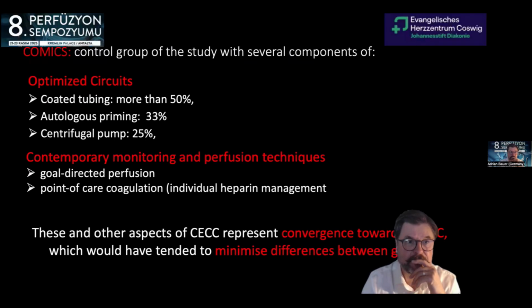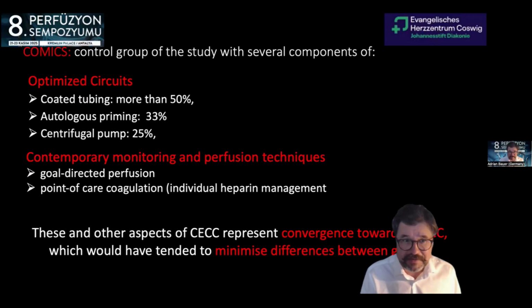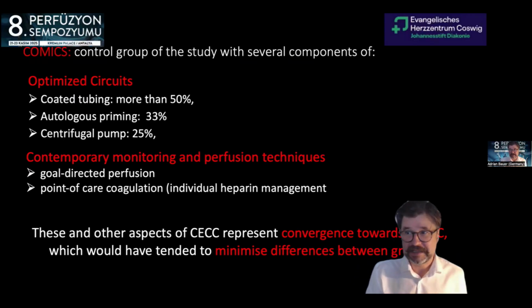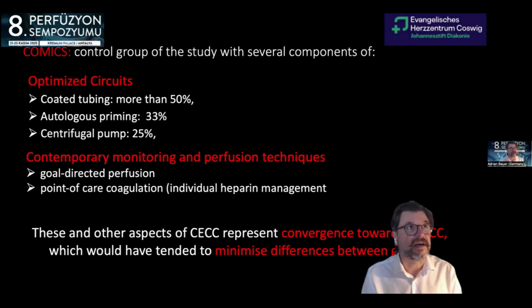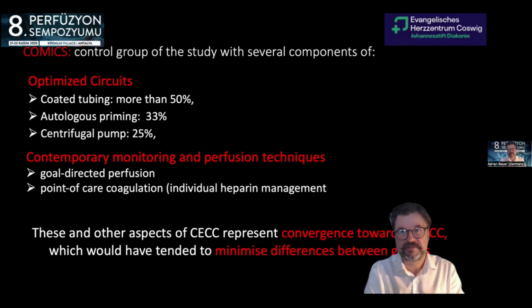So what they also found is that the community was very active also in optimizing that so-called conventional system. And I can imagine that probably the MiECC study provoked conventional users to go forward: I'm not conventional, I can also do something. Perfect, thank you for that. Optimizing a perfusion system is always the right approach.